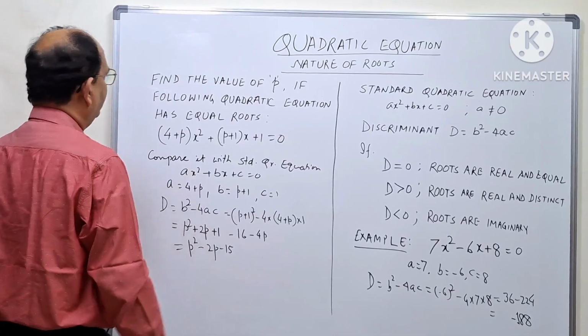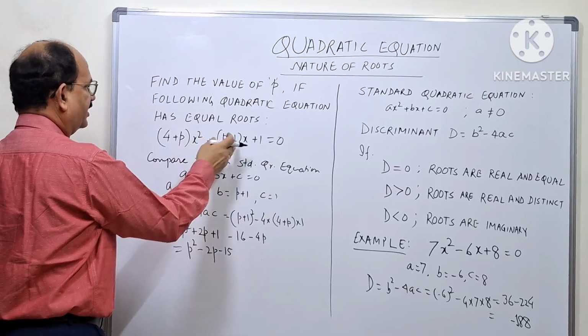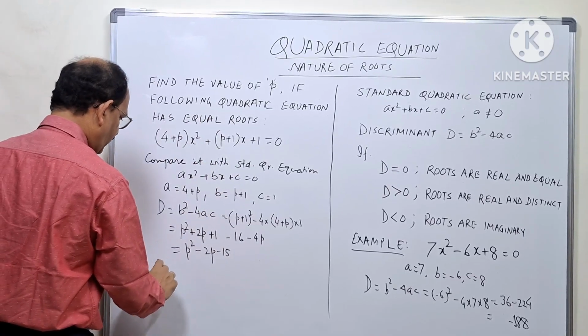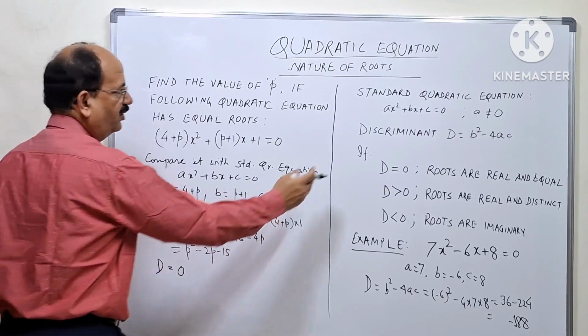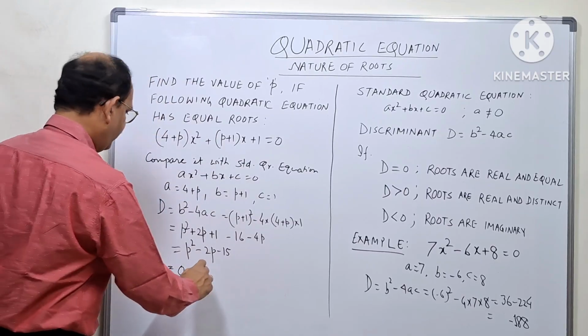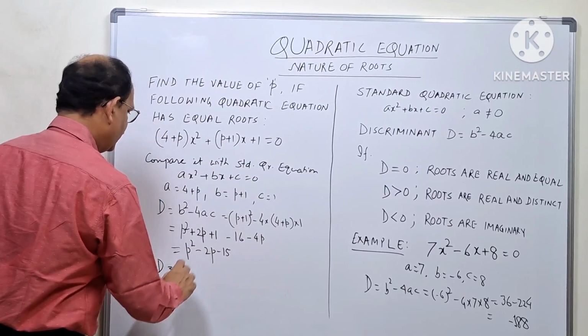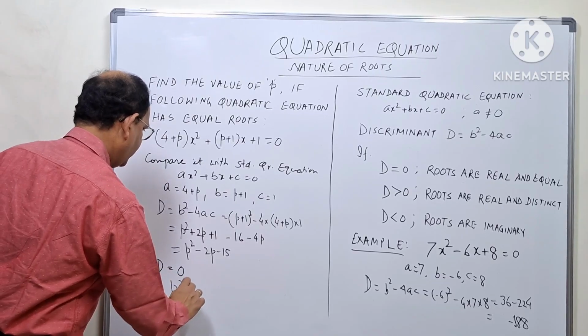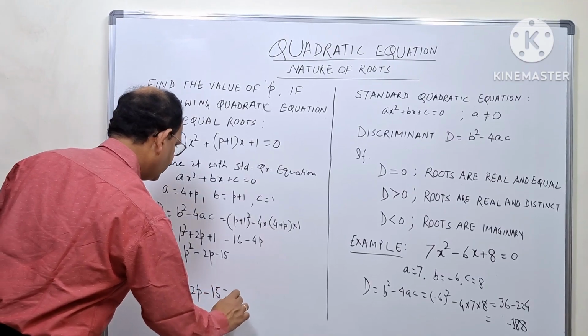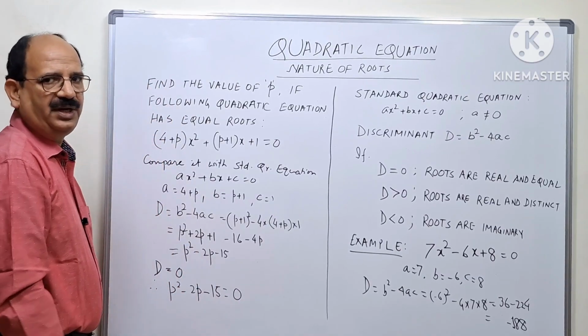Now it is given that this quadratic equation is having equal roots. Therefore, discriminant will be 0 from what we have just explained. So therefore, this leads to p square minus 2p minus 15 equal to 0, right?